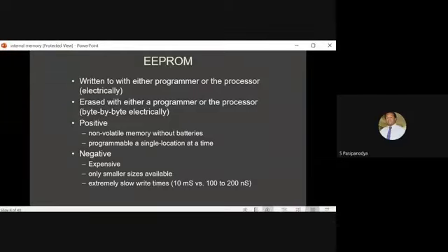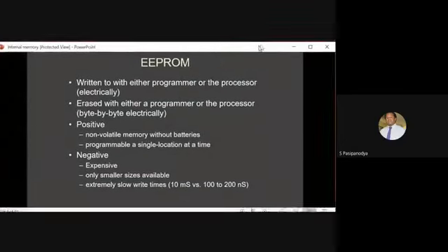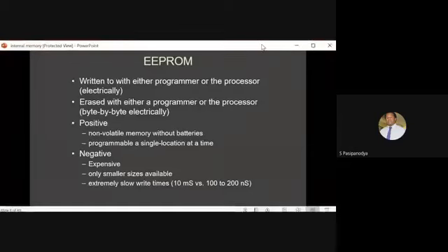So, what I want you to do with regards to your homework for the week: I'm going to put up a link on our Moodle platform, and we are going to submit our traffic light logic gates design on the Moodle platform.